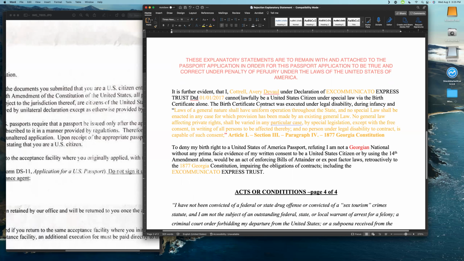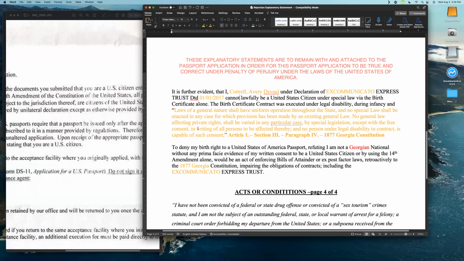The birth certificate contract was executed under legal disability during infancy, and laws of a general nature shall have uniform operation throughout the state, and no special law shall be enacted in any case for which provision has been made by an existing general law.